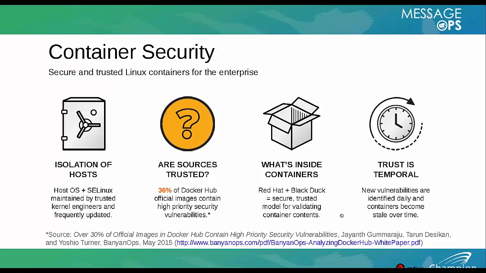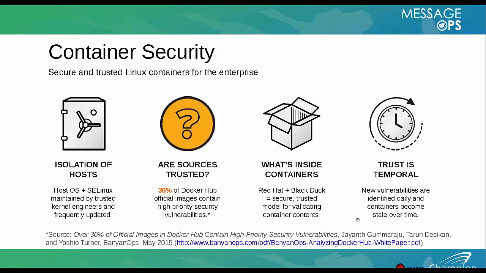But that only works for a certain amount of time. This stuff's temporal. Every day there's new vulnerabilities that come out. So we need to have a way of being able to keep up with that system. And so Red Hat has introduced the Red Hat repository.